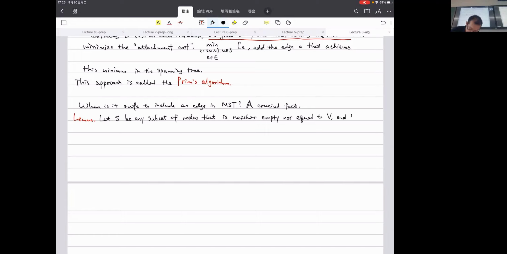And let edge e = (v, w) be the minimum cost edge with one end in S and the other end in V over S.